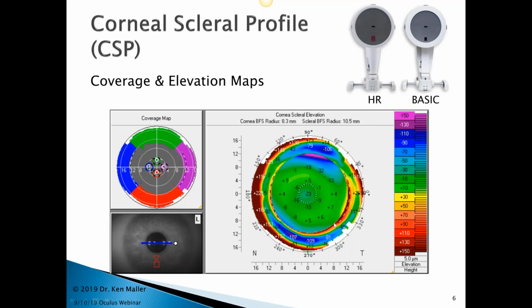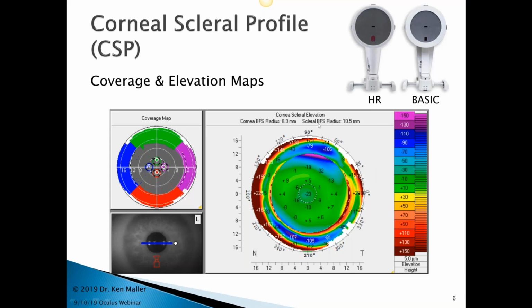Over here on the right-hand side, this is an elevation map, and because the sclera is considerably flatter than the cornea, what the software will do is it puts up the best fit sphere up here at the top. In this case, for the cornea, it uses an 8.30 millimeter radius as the best fit sphere, and then references all of these elevation points off of that sphere.